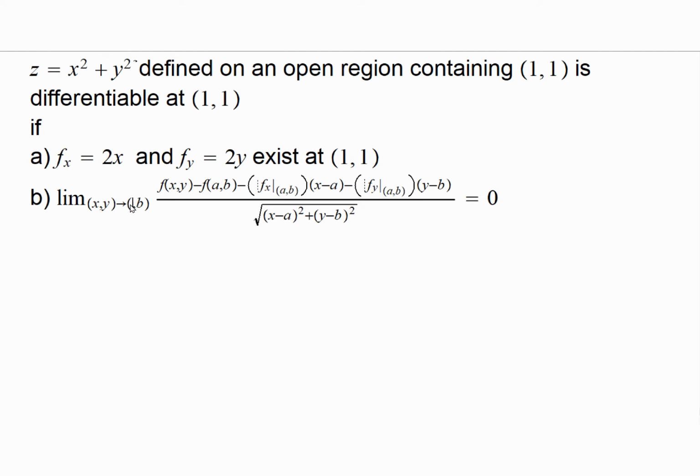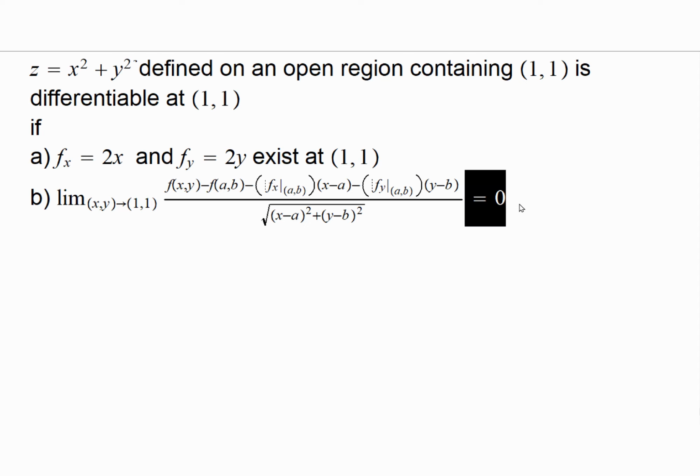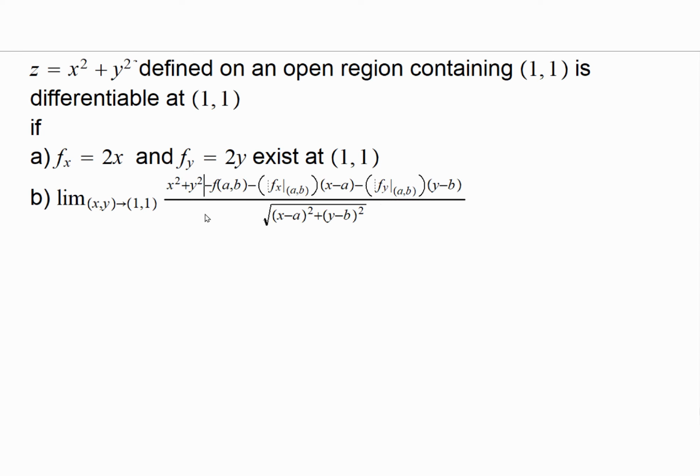Now when we go to compute the limit, let me remove this because this is what we want to prove. So (x, y) goes to (1, 1), and here our function is x squared plus y squared. f at (a, b), this function at (1, 1), is 1 squared plus 1 squared, that is 2.